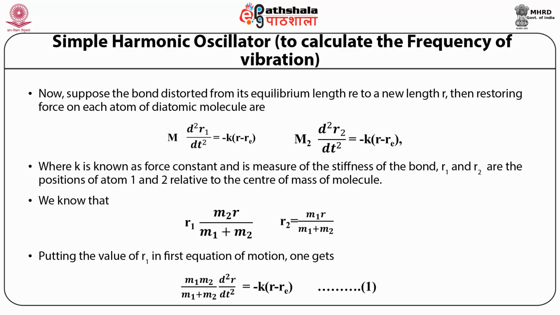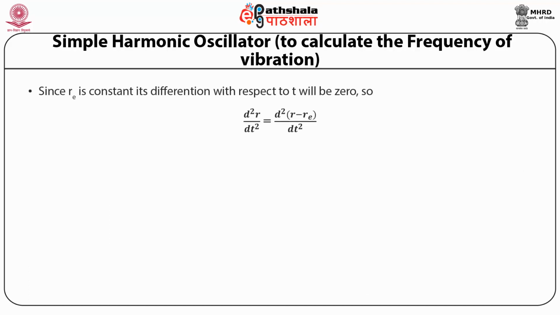Putting the value of R1 in the first equation of motion, one gets m1m2/(m1 + m2) d2r/dt2 = -k(r - Re). Since Re is constant, its differentiation with respect to t will be 0. So d2r/dt2 = d2(r - Re)/dt2.